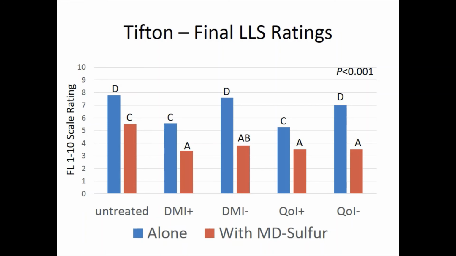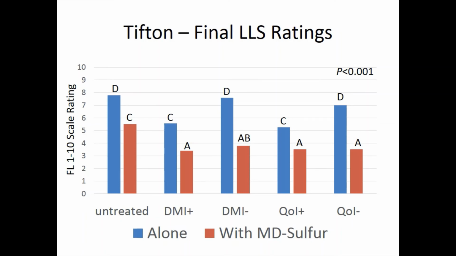And interestingly, the addition of sulfur resulted in very similar leaf spot ratings, whether the synthetic fungicide had high efficacy or lower efficacy.